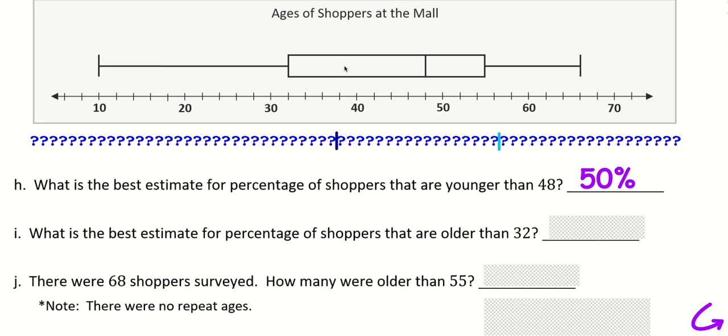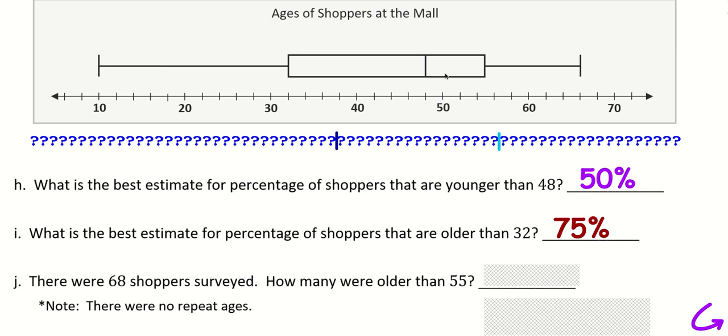So remember, if we have 50% of the data here, that's 25%, because the lower quartile cuts the 50% in half. If this would have said younger than 32, then you would have said 25%. But older than 32, you just say 75%, okay?